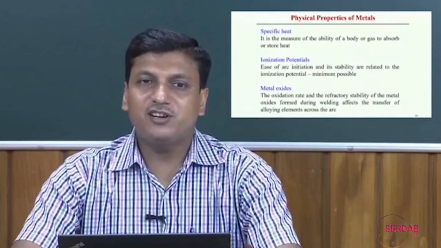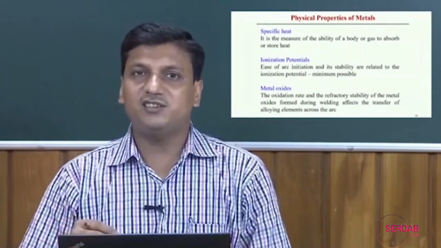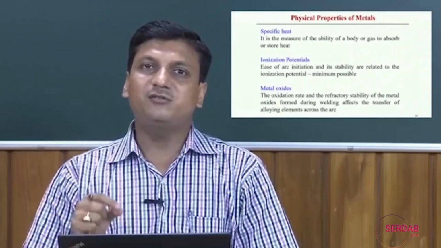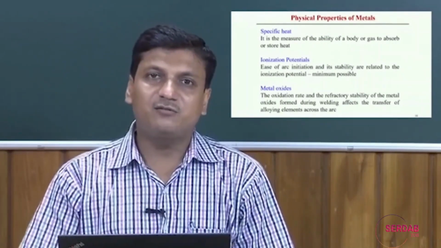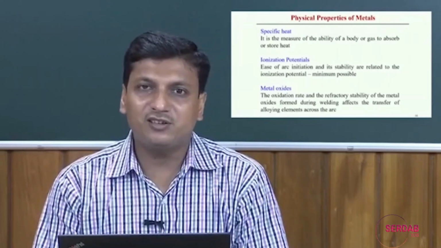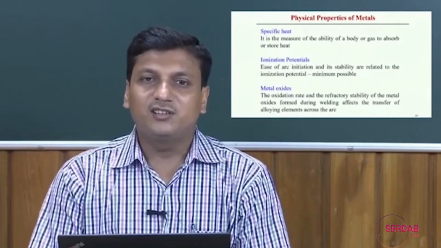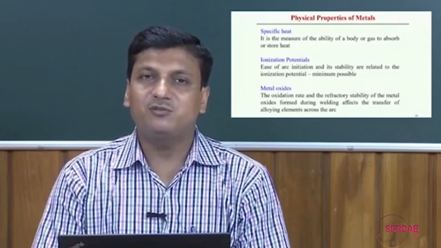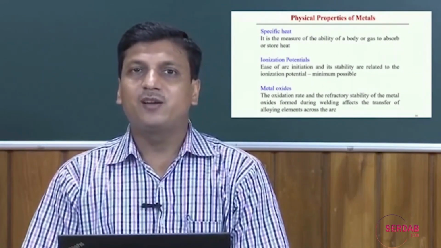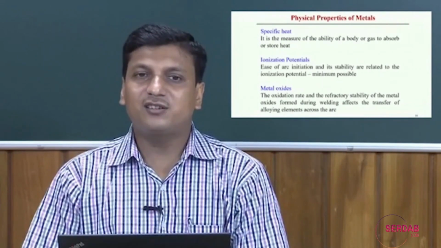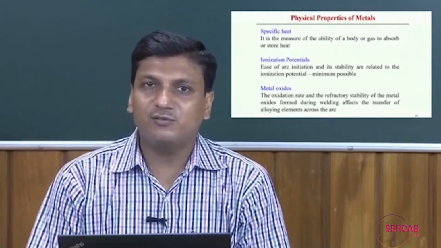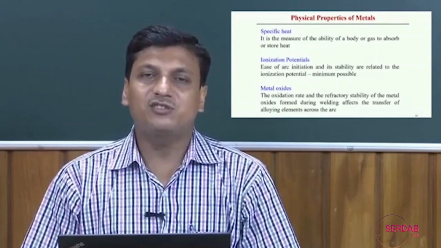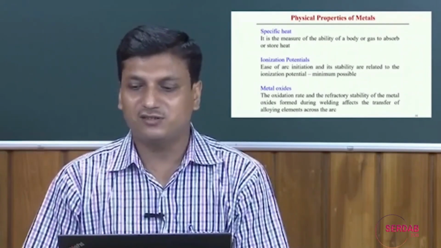For different materials, the ease of arc initiation, basically when you try to do the arc welding processes, how easily we can create the arc and how easily we can maintain it, or the arc can be stable, that actually relates to the ionization potential of a specific material. So, to get the initiation of the arc easily and the stability, a minimal ionization potential of the material is required in this sense.